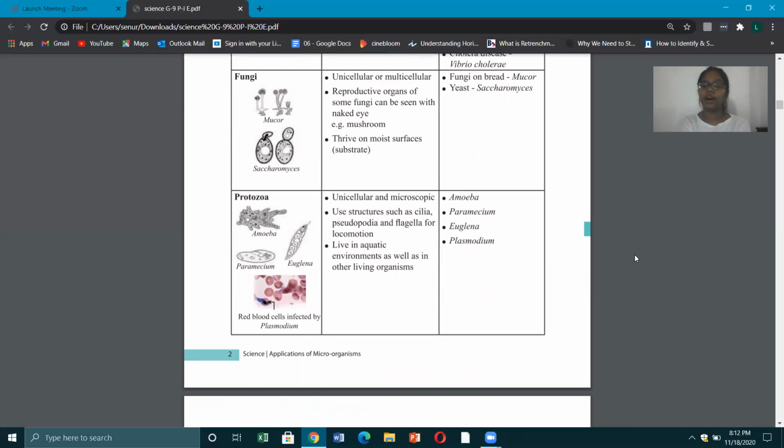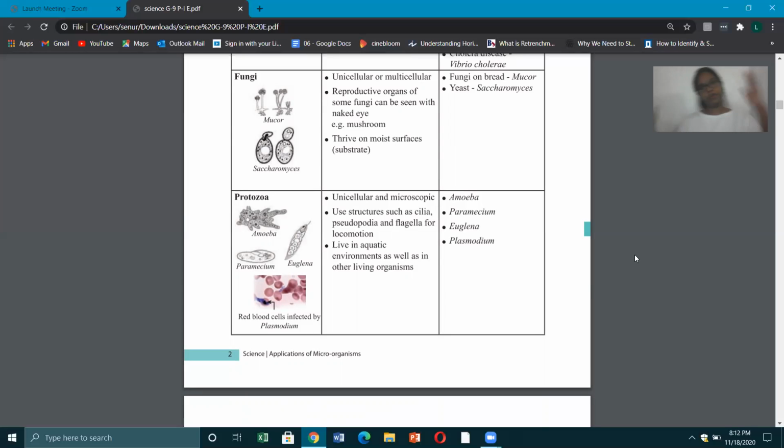So children, how do we locomote? Like how do we move from one place to another? First of all, tell me what locomotion is. Locomotion is moving from one place to another. If I walk from here to there, that is locomotion. Moving is different.